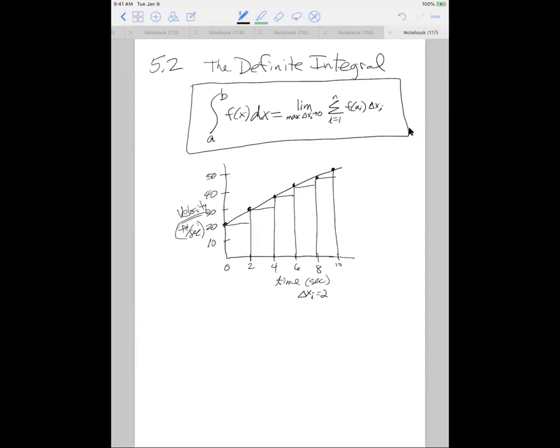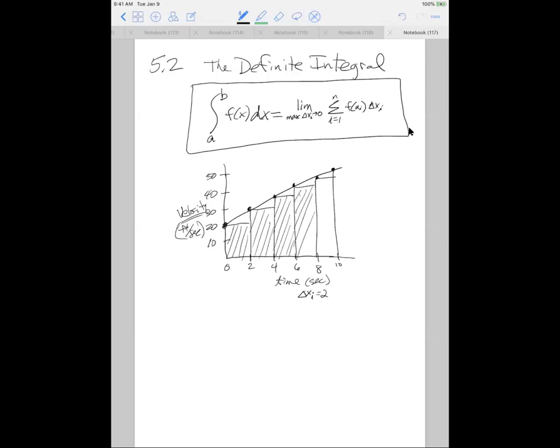The example that I had given was starting at 20 feet per second, and every 2 seconds a new measurement was made. The lower end of this rectangle was down here. Since it's increasing, the left side was always the lower end, the lowest part of the deal. So the sum ended up being lower.